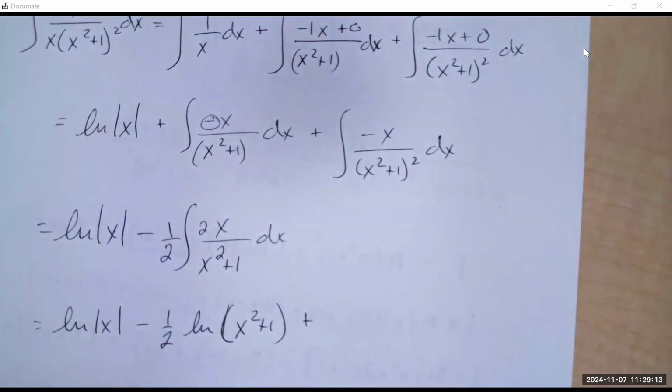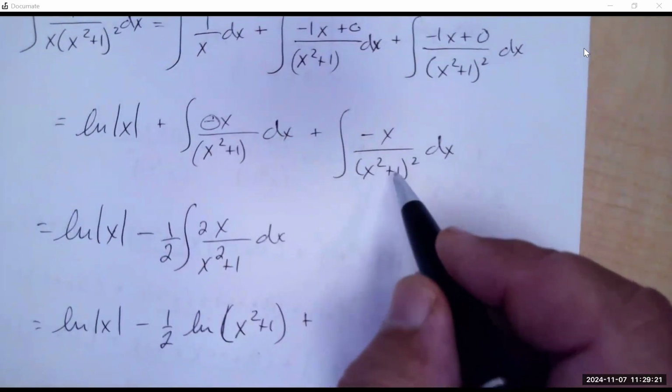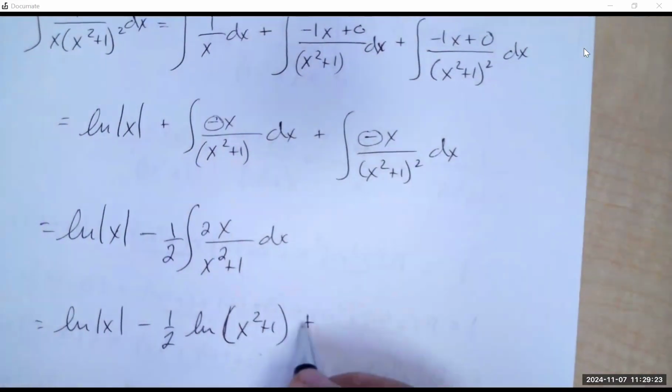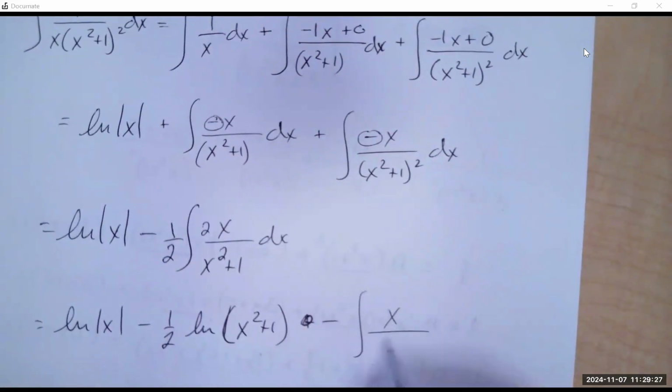Now we have another problem. What do we do with that one? Here, the negative goes out in front, so it becomes a negative x over x squared plus 1 squared.